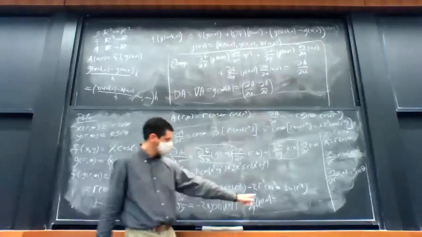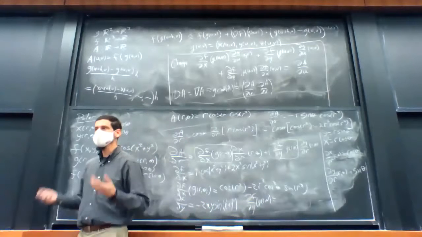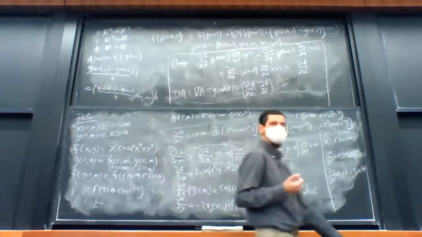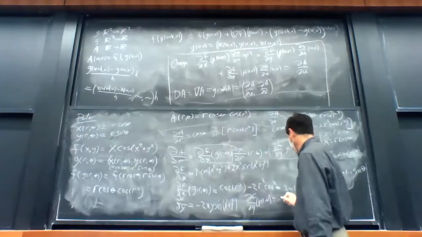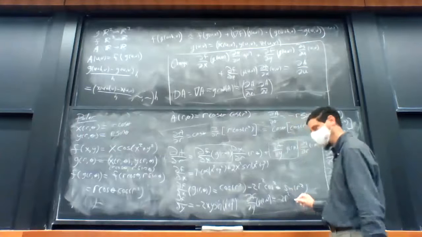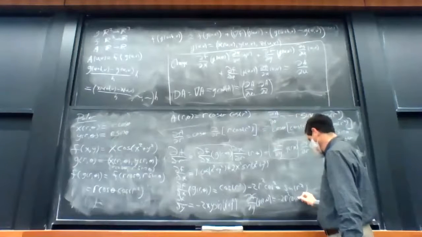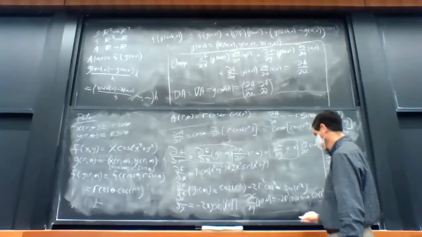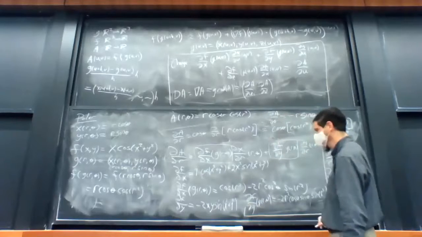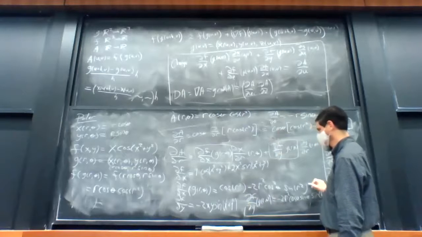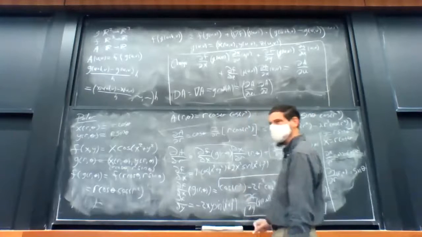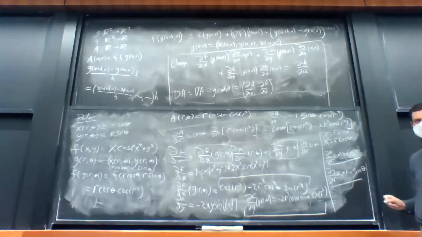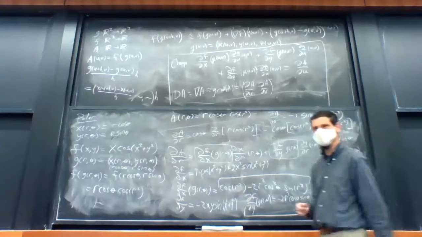So what is x times y going to be when x is r cosine theta and y is r sine theta? Negative 2r squared cosine theta sine theta sine of r squared. So this is one of my pieces. This is another piece. This is another piece, and I substitute all those pieces in.